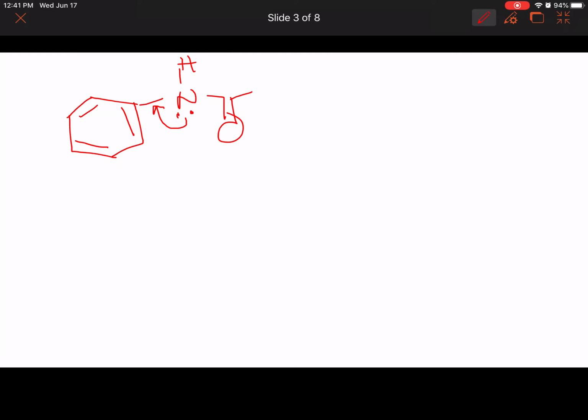If it just stopped there, carbon would end up having 5 bonds, which is not going to happen. So the pi bond next to that breaks and gives its electrons to that carbon. When you are drawing resonance structures, remember to put the double-headed arrow. So you're going to get a molecule like this, NH.